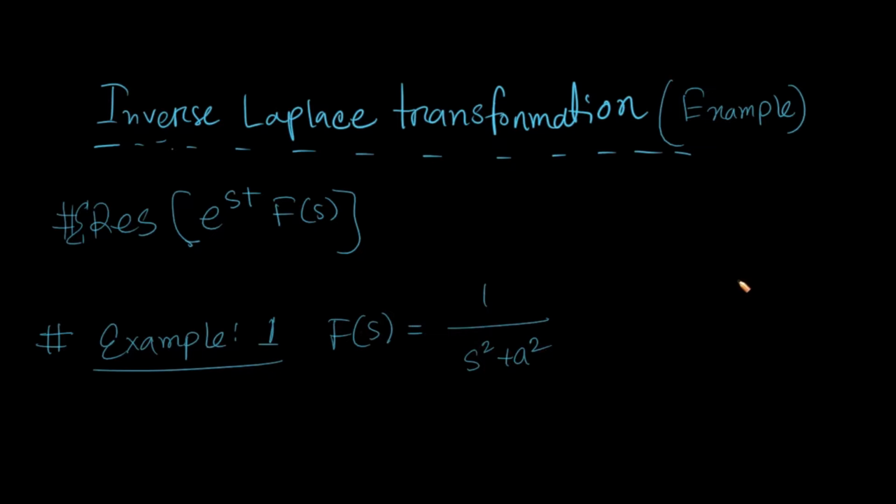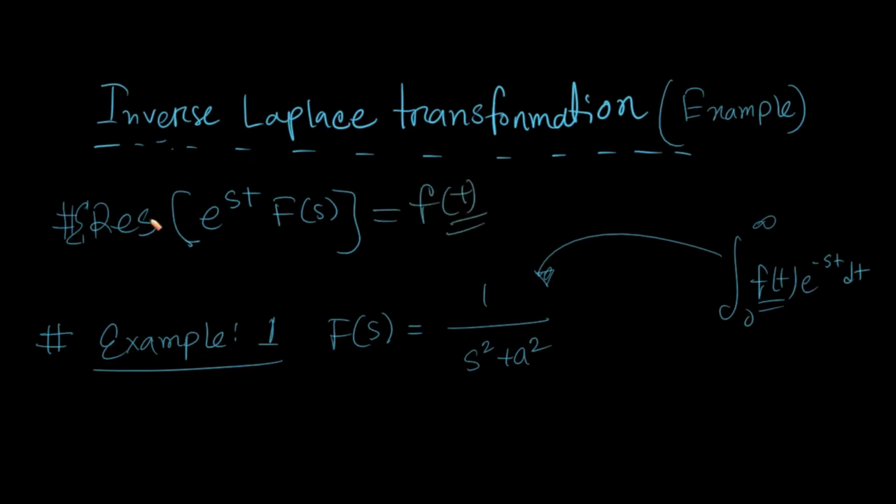That means someone did a Laplace transformation of it like this, and this is the output that person got, right? And let's say now that person has given you this function and asked what f of t was. That's what we wanted to calculate through the Bromwich integral, right?